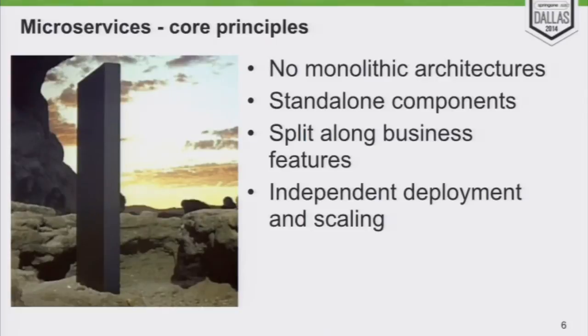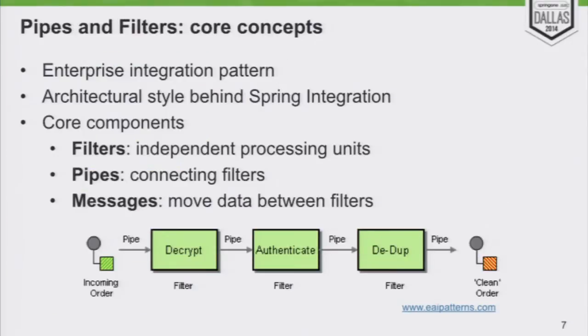What I really want is to have my components split along business features, and then deploy them as standalone components. That gives me the opportunity of deploying, upgrading, and maintaining them independently, but also scaling them independently, right? And this has nothing to do with HTTP, nothing to do with anything like that.